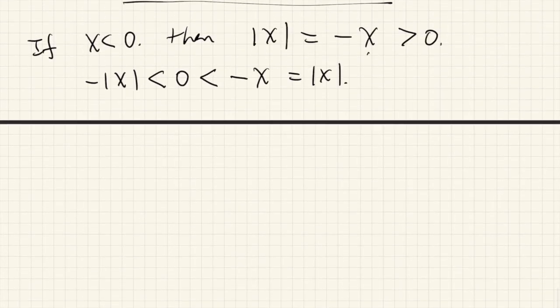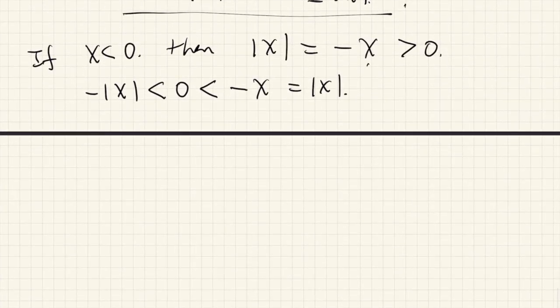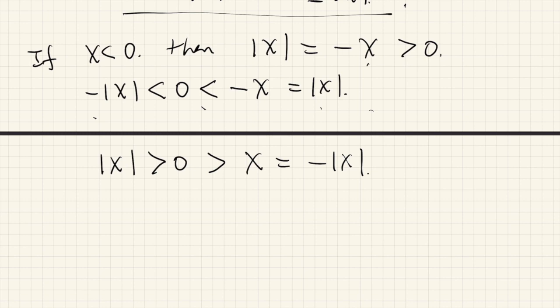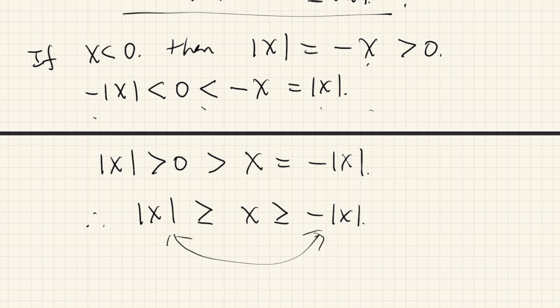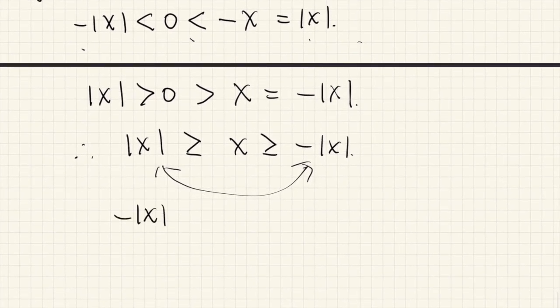So we have this, and if we multiply everything by -1, we have this. The absolute value of x is greater than 0, which is greater than x itself, which is equal to negative absolute value of x. Therefore, we have this. Of course, we can swap the right-hand side and left-hand side to have this.